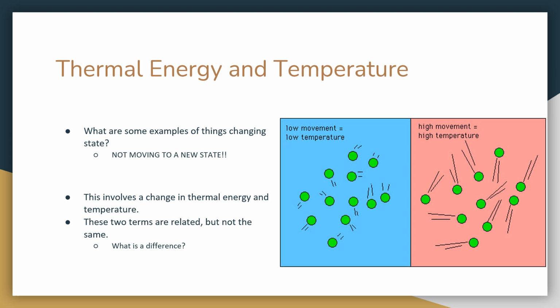Thermal energy is what's given off because of the change. So the amount of energy, and a lot of the time it's given off by heat. And then temperature is, of course, just the temperature of whatever it is you have.